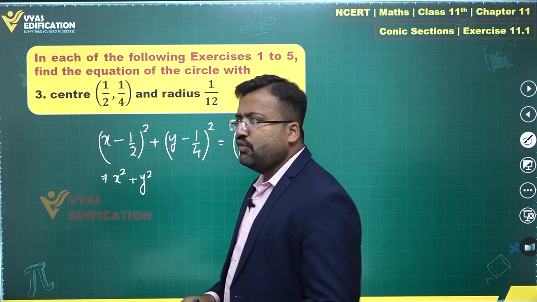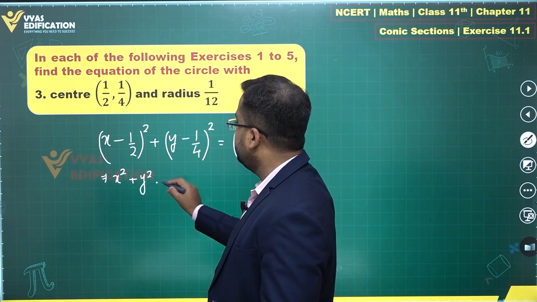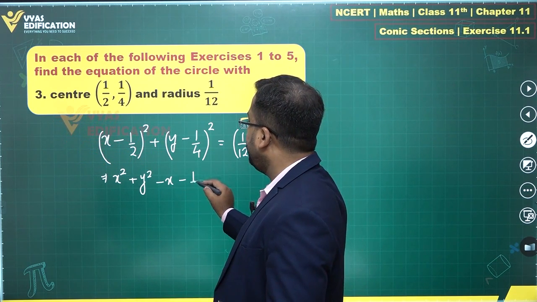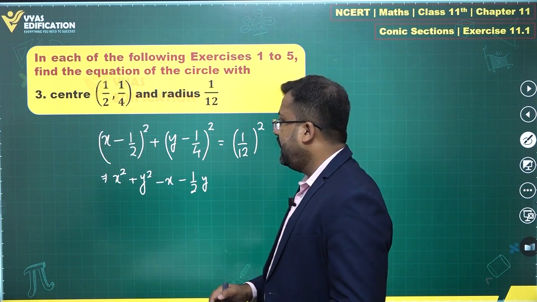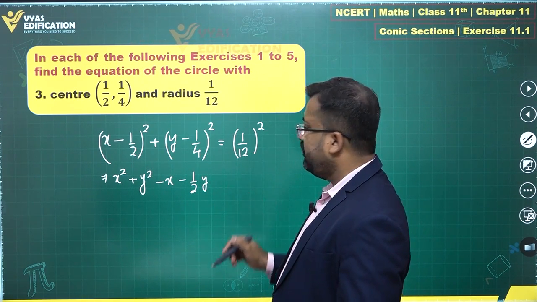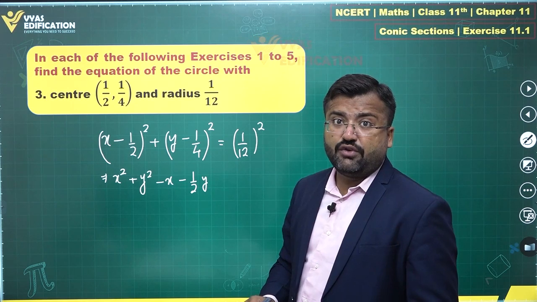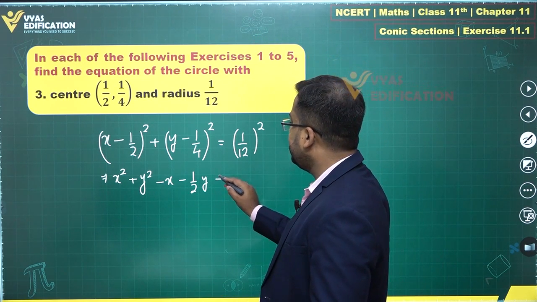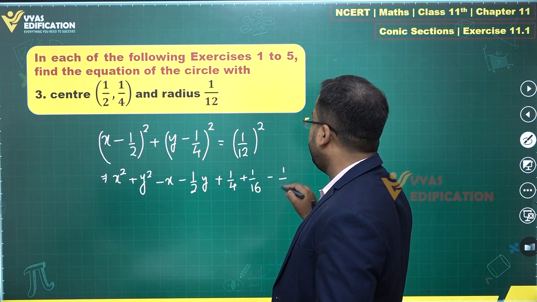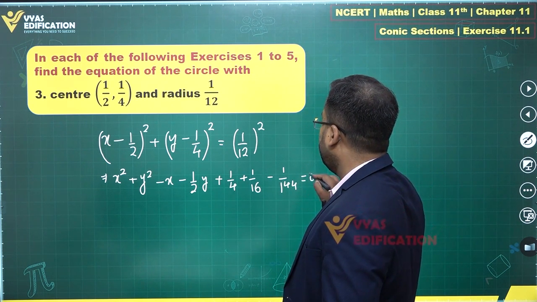This is 2x into 1 by 2 with a minus, this is minus x. 2y into 1 by 4, which will be minus 1 by 2 y. And what else? You'll get 1 by 4, you'll get 1 by 16, and here you have a big number, which is 1 upon 144. So let's write it 1 by 4 plus 1 by 16 minus 1 upon 144 equals 0.